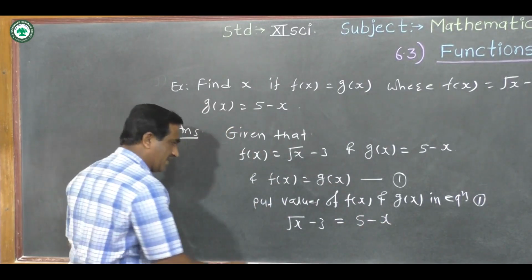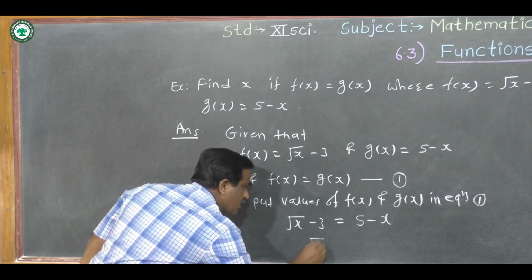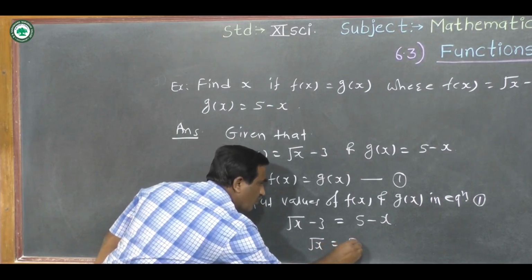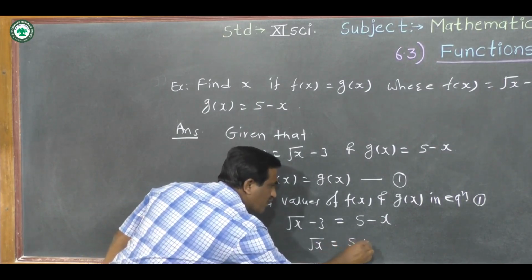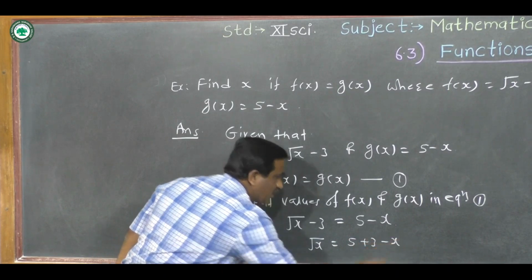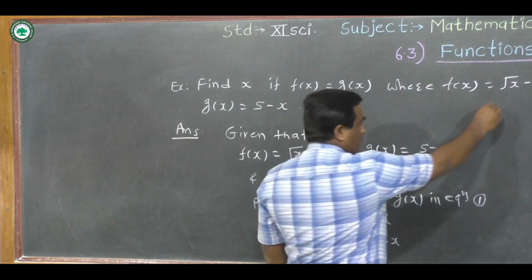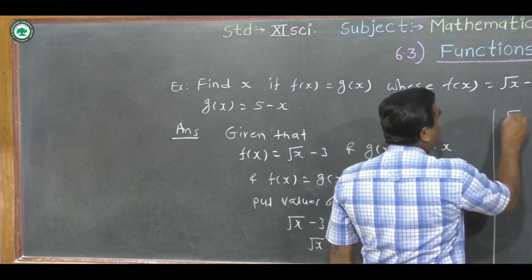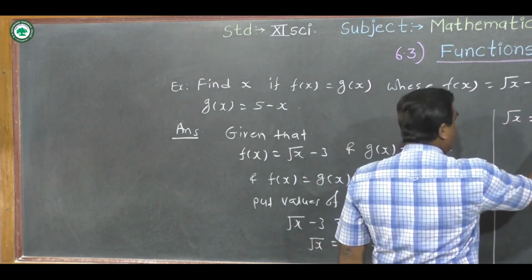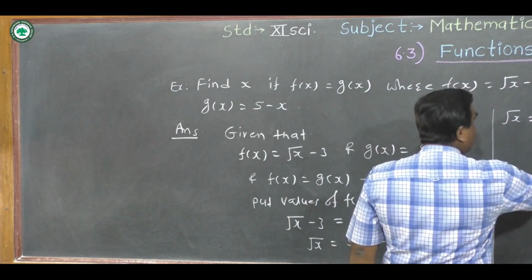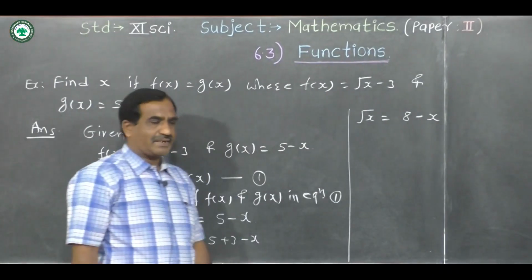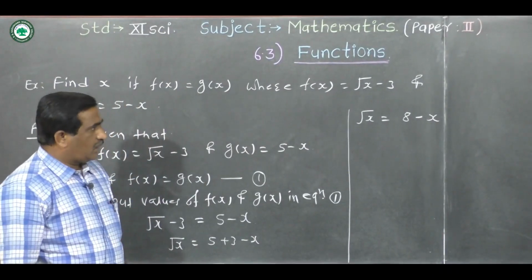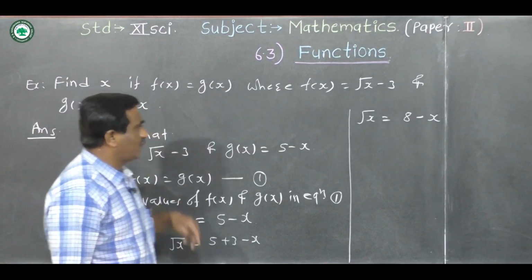That is, we can write here under root x is equal to 5 minus x, and minus 3 becomes plus 3, that is, under root x is equal to 8 minus x. Now we have to find the value of x.